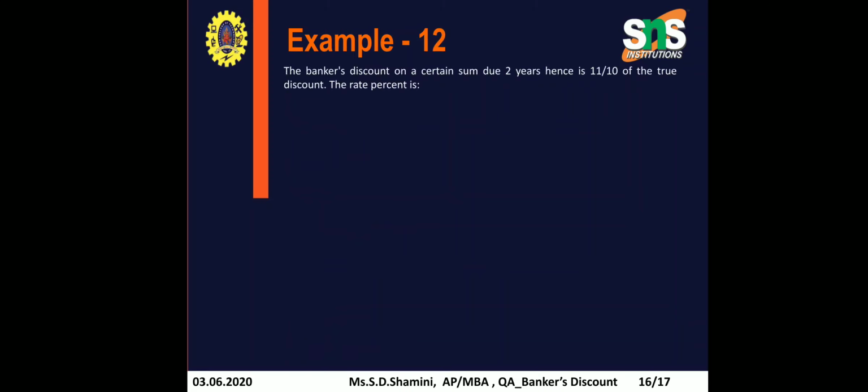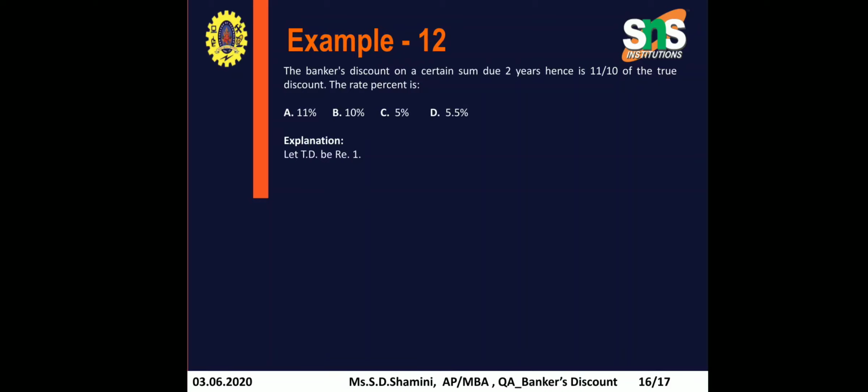And your next problem is: the banker's discount on a certain sum due 2 years hence is 11 by 10 of the true discount. The rate percent is, option A 11%, B 10%, C 5% and D 5.5%. So the time is 2 years, and the banker's discount is 11 by 10 of the true discount.